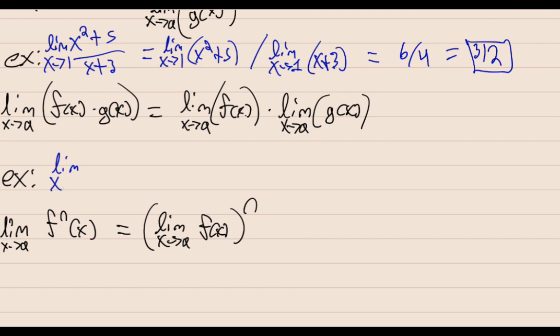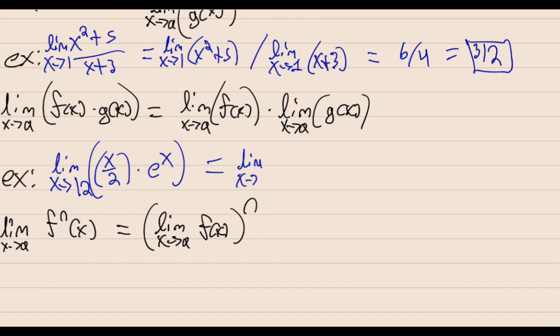So let's make an example here. Let's take the limit as x goes to 12 of x over 2 times e to the x. Let's make sure everything's in parentheses so I can display this property.